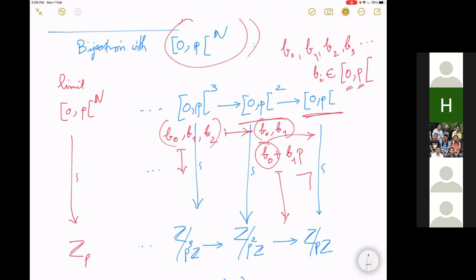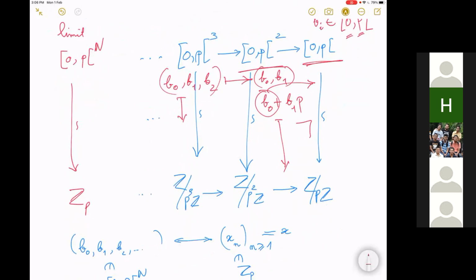So B0, B1, B2, it goes to the element B0 plus B1 times P plus B2 times P squared in this ring. Okay, so of course this diagram also commutes.